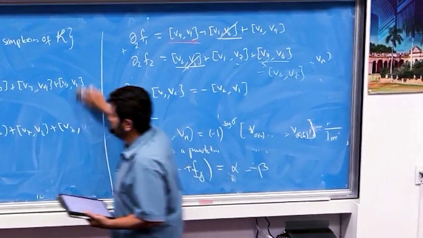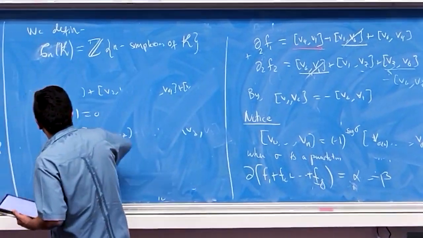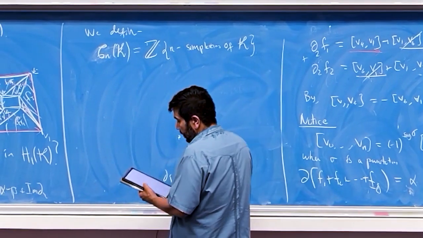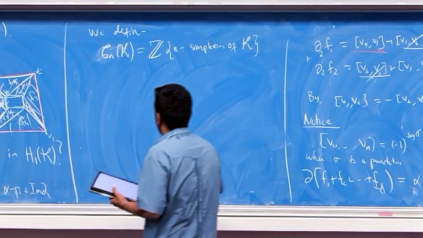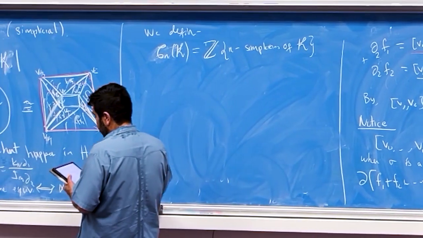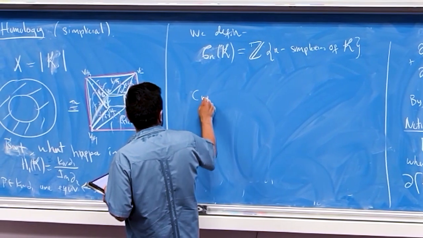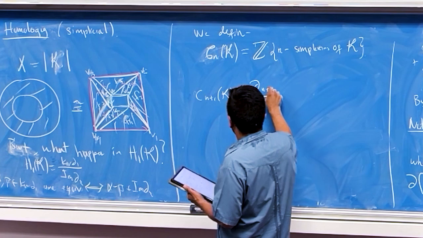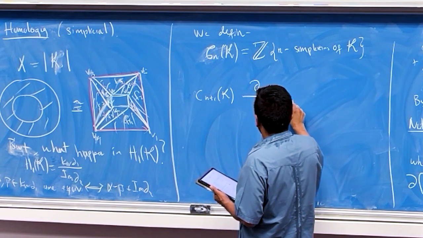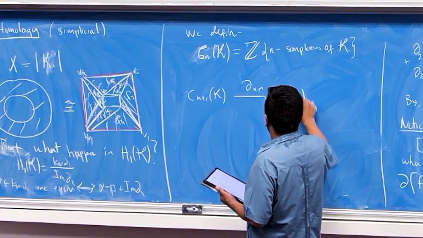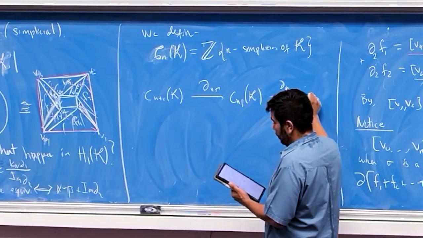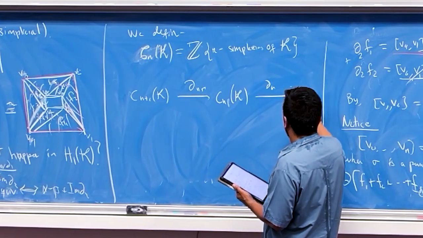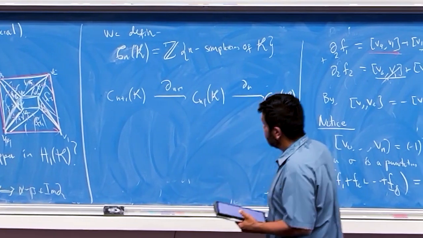So if you have a map, there is this theorem. You have C_{n+1}(K), and you have here ∂_{n+1}, and you have C_n(K), and you have ∂_n and C_{n-1}(K).